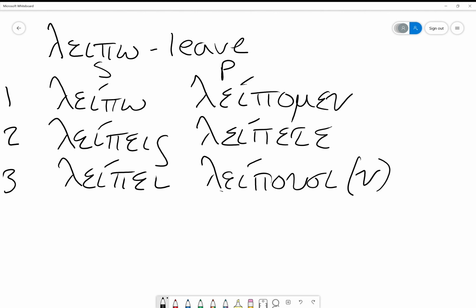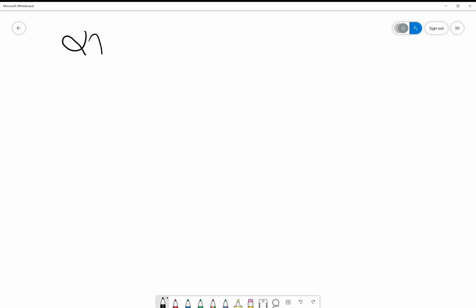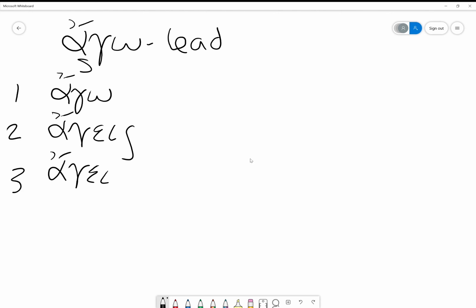All right, and let's go ahead and do one more. Another word that is pretty common is ago, okay? That is to lead. It has a bunch of other meanings, but for now, just to lead. So, first person singular is ago. Then ageis, and then agei. First, second, third, singular.